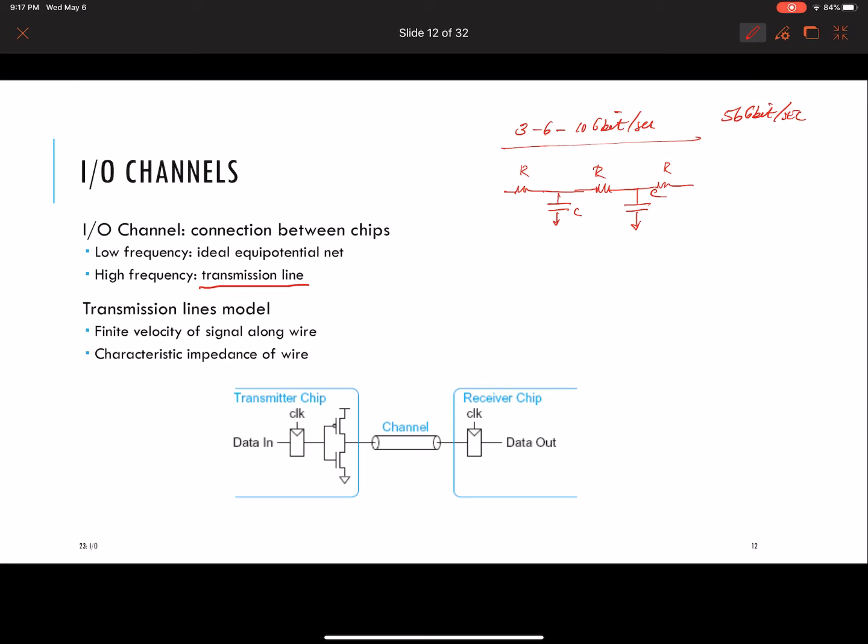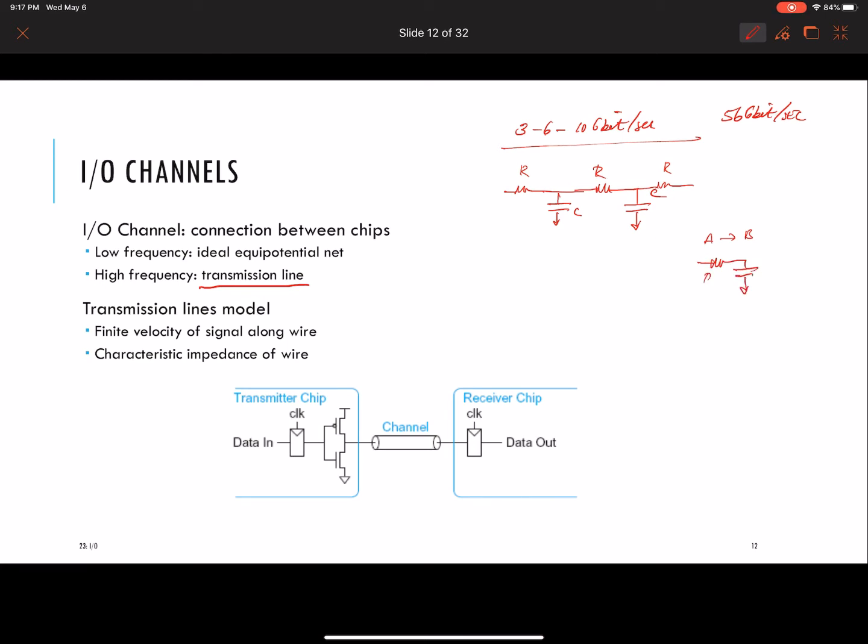Well, all electrical signals go from point A to point B in the same way, as far as a classical physics type of model. Everything is an electromagnetic wave that goes from point A to point B. But sometimes the distances between A and B are short enough, and the time frame is long enough, that you can model it as resistors, capacitors.